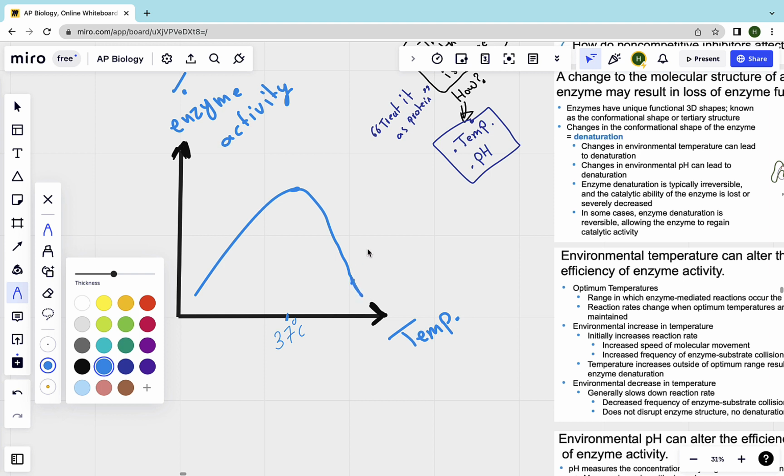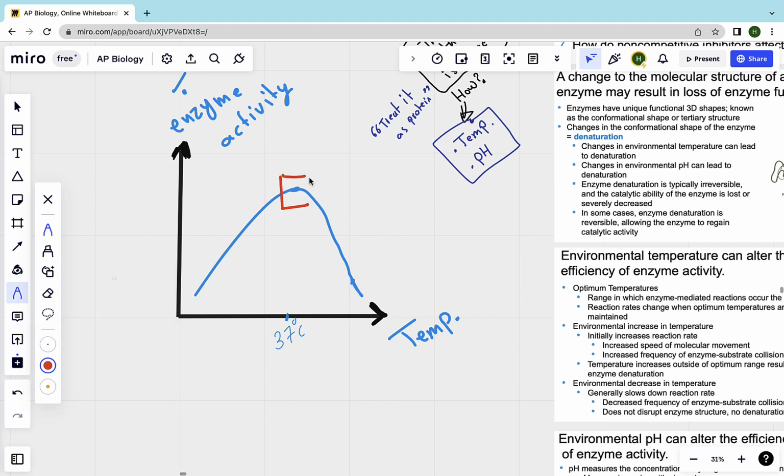A parabola. Anyway, we have a maximum point here, the best point for enzyme activity, around 37 to 40. As temperature decreases, enzyme activity decreases, and as temperature increases above 40, enzyme activity decreases again.